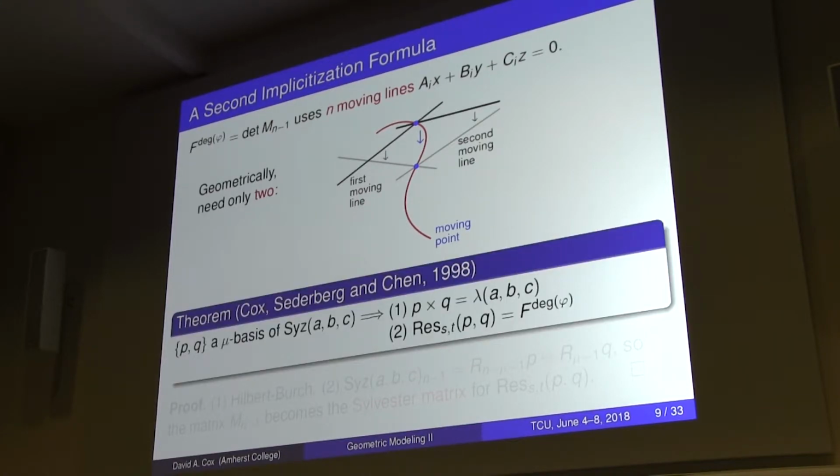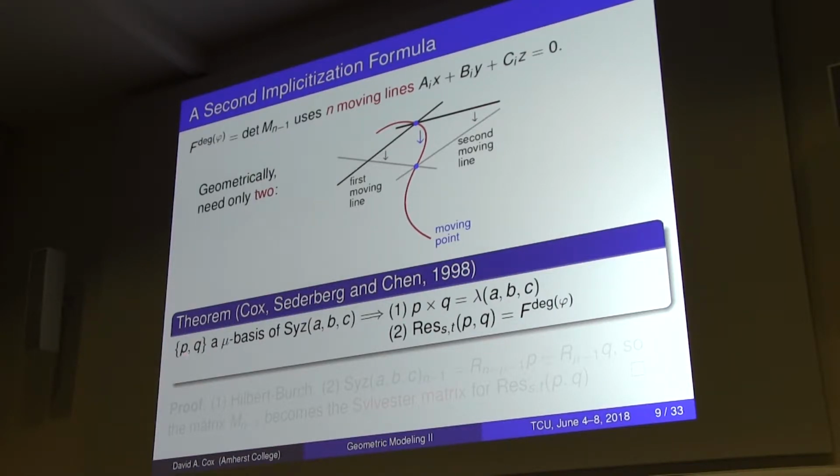And then what we proved in our paper is that if you take a mu basis, so the question is which moving lines do this most nicely? And of course, it's the basis of the syzygy module. And then it turns out there's 2 things that happen: from the moving lines, you can actually reconstruct the parameterization. And there's 2 ways to think about it.